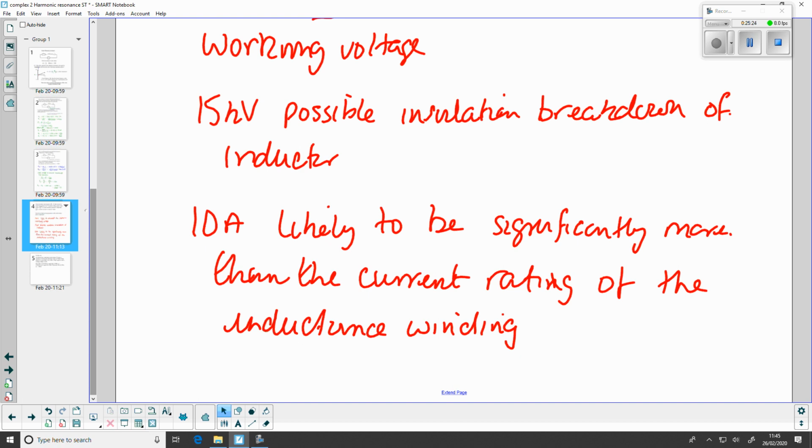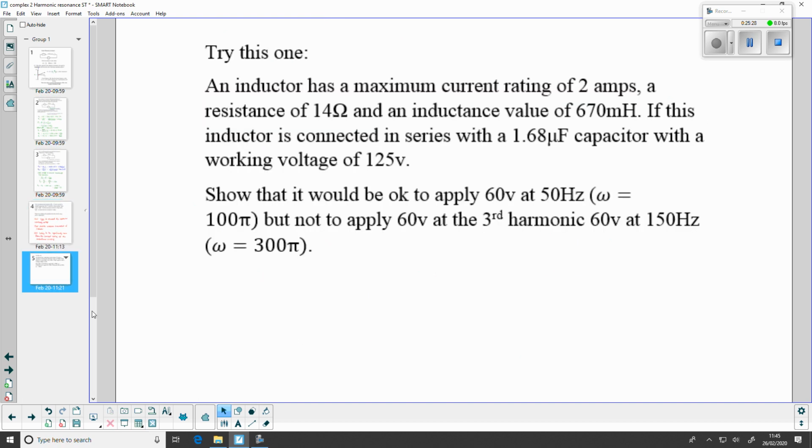All right? In your notes, there is another question for you to have a go at. An inductor has a maximum current rating of 2 amps, a resistance of 14 ohms, and an inductance value of 670 millihenries.